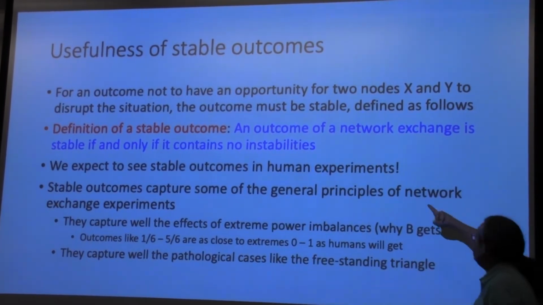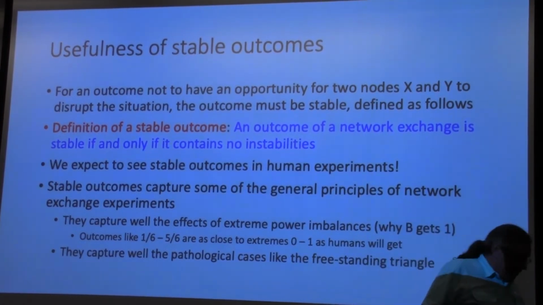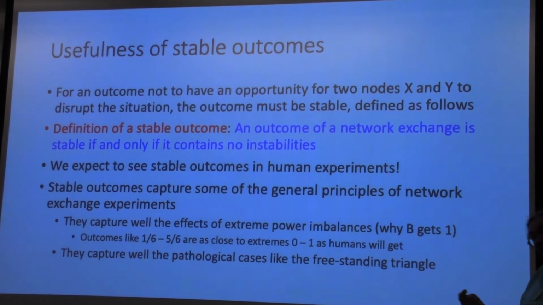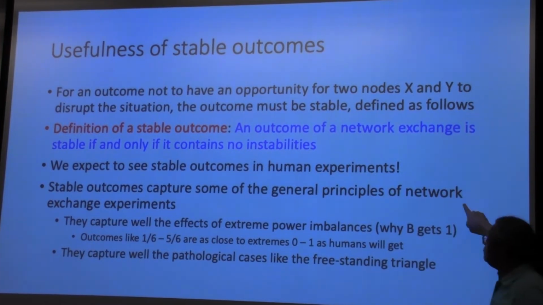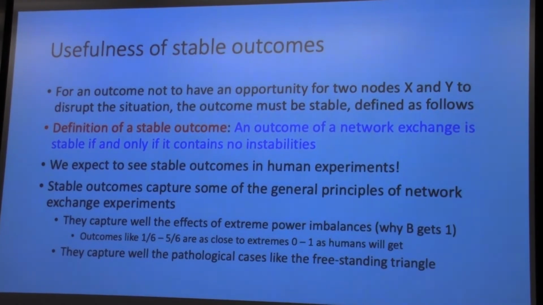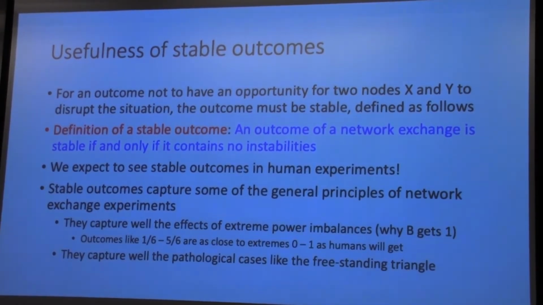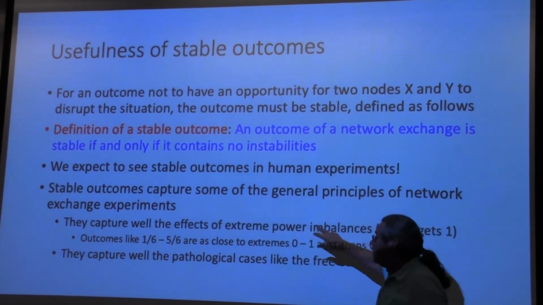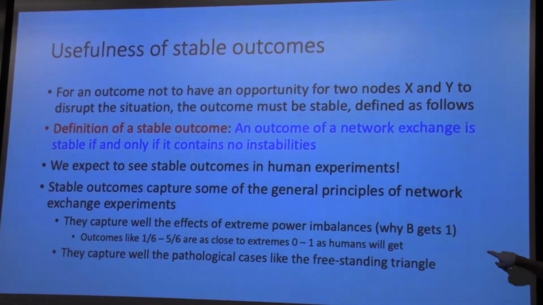In a human experiment, you expect it. If A, B, and C are negotiating, C, of course, will try to steal. Stability captures something nice in these experiments. It captures the extreme power imbalances. The 0, 1, 0. Why does B get 1 and not less than 1? Well, because of stability.